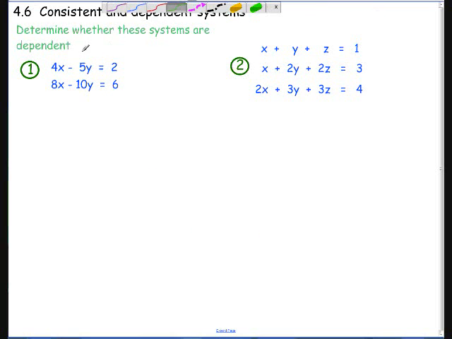Determine whether these systems are dependent. Remember now, dependent means many solutions. So if these have no solution or one solution, they are not dependent. Let's try them out. What can we do here?